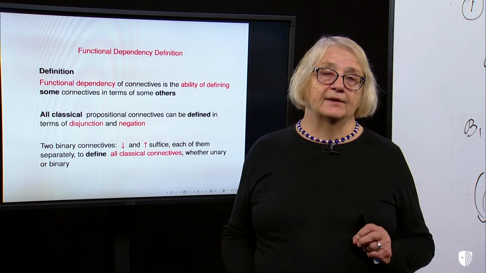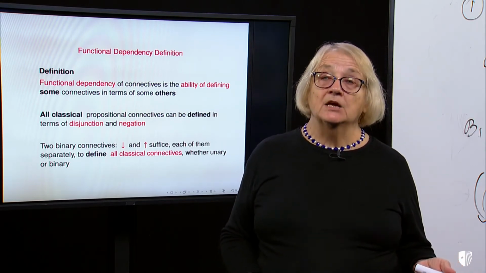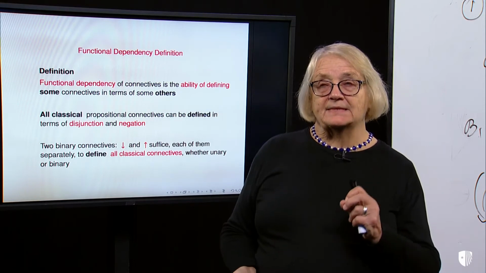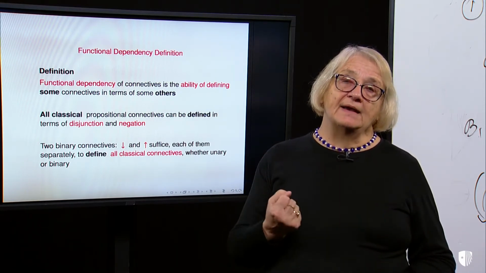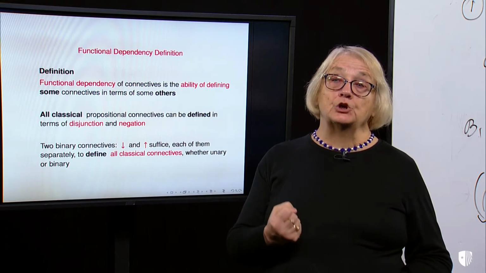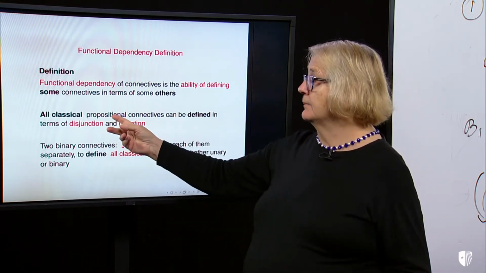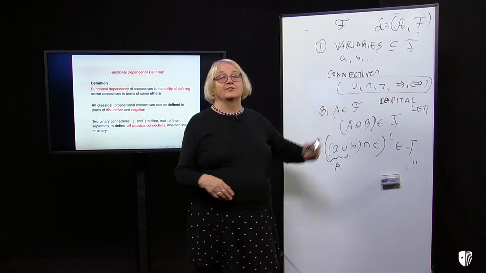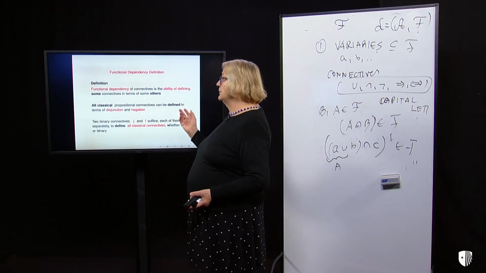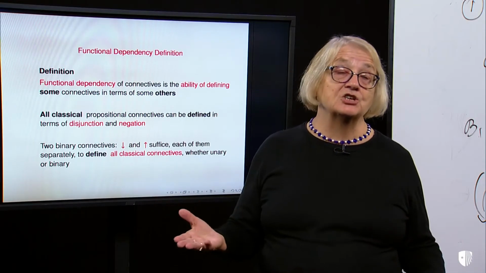And also, the next important notion is called functional dependency. Functional dependency of connectives is the ability of defining some connectives in terms of the others. For example, all classical propositional connectives can be defined in terms of disjunction and negation.